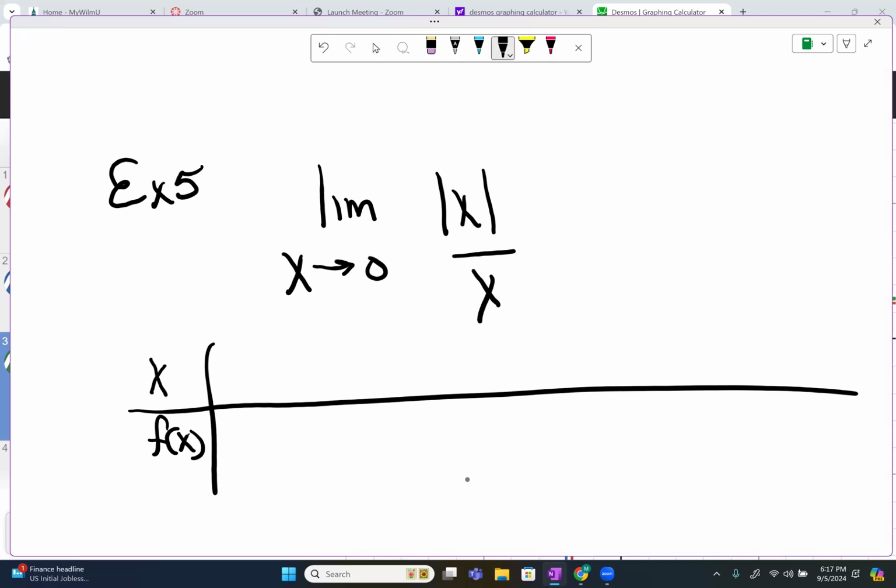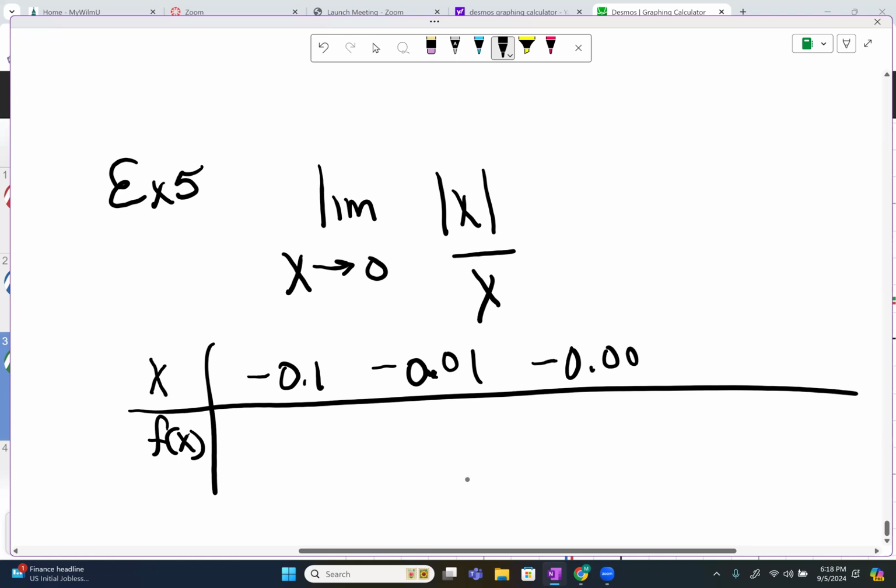Let's substitute negative 0.1, 0.01, negative 0.0001, and let's go with 0. That's a halfway point. Obviously, from the right, you're going to go 0.0001 and so on.